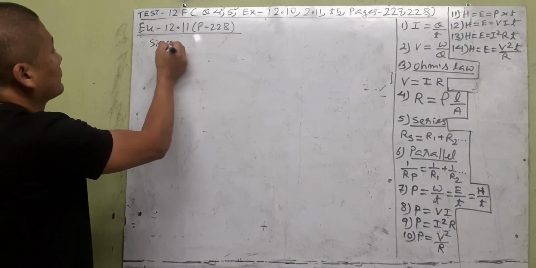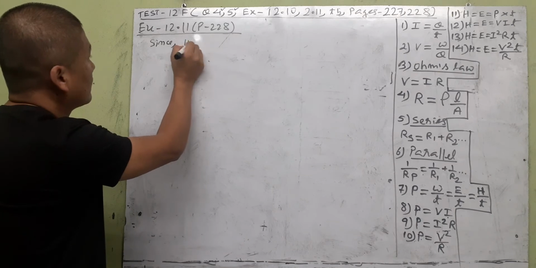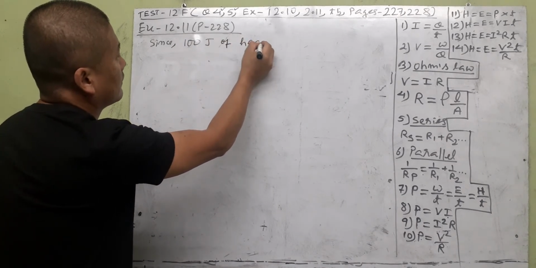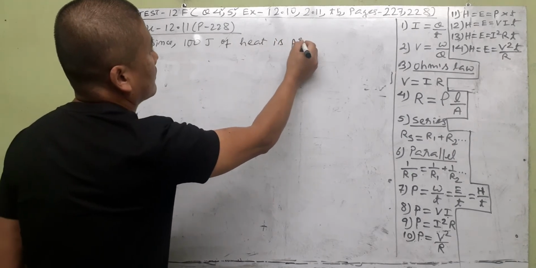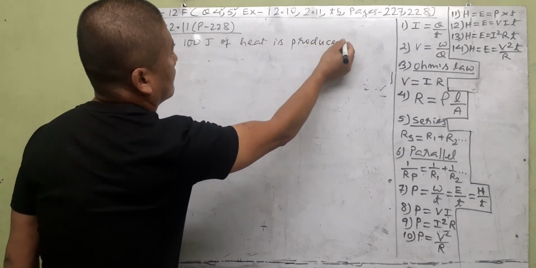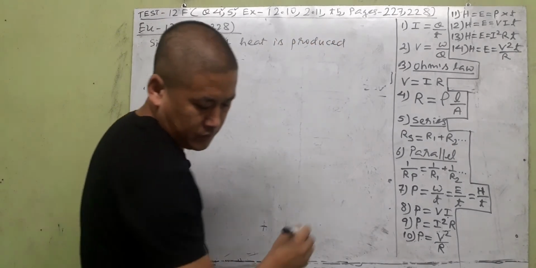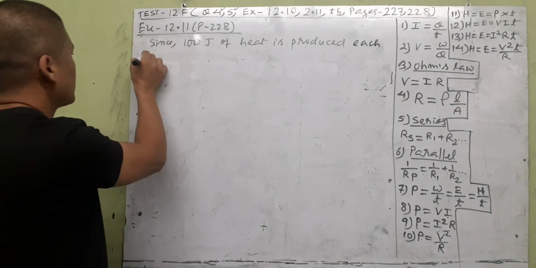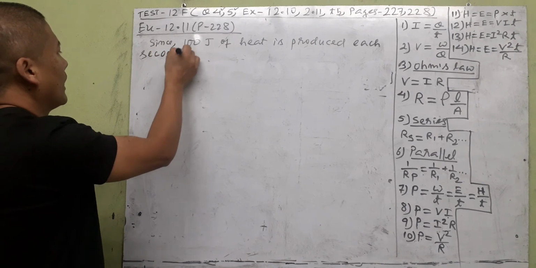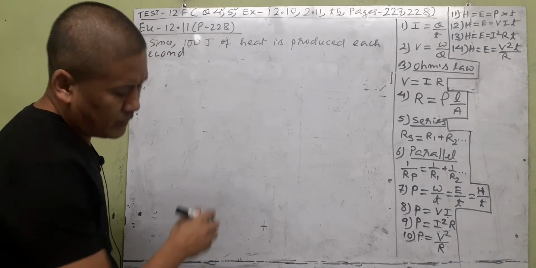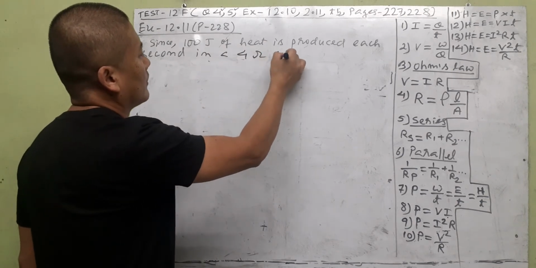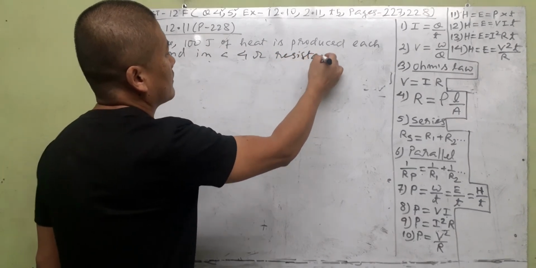Since 100 joules of heat is produced, the same sentence of the question you can also use. Produced each, the word each means what? Each second means time, each second in a 4 ohm resistance.